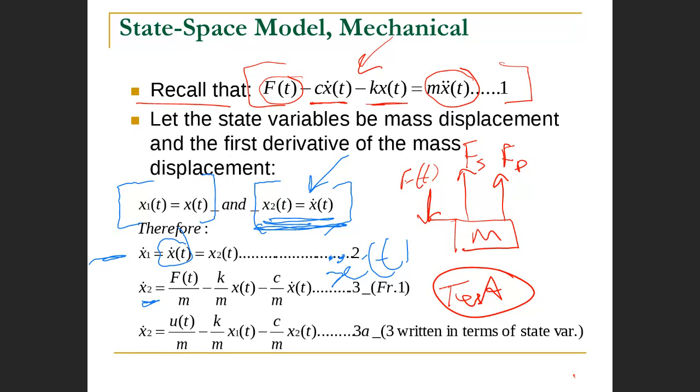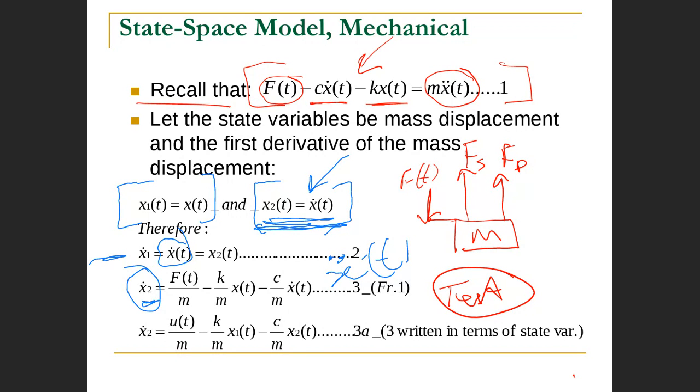Go ahead, Alman. So it would just be x2 dot. Okay, isn't x2 the derivative of the first? So then x2 dot will be the second derivative. No, remember that we already have x2 dot here now, and it is equal to x double dot of t.